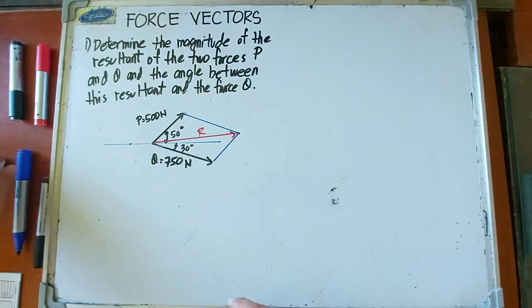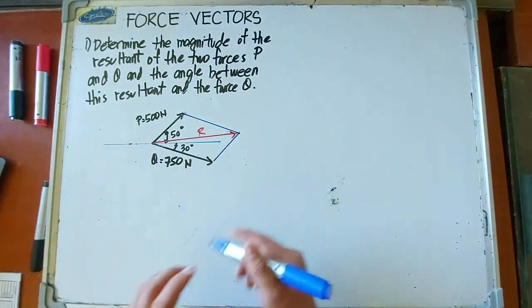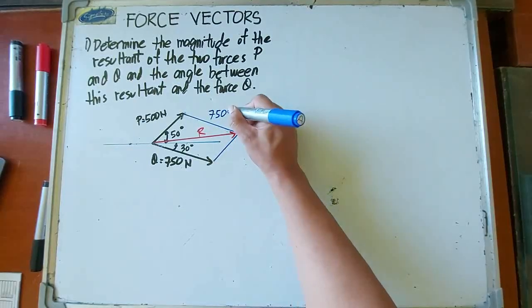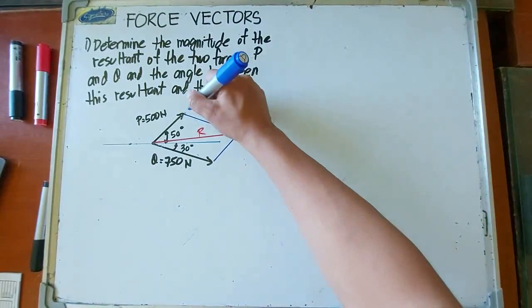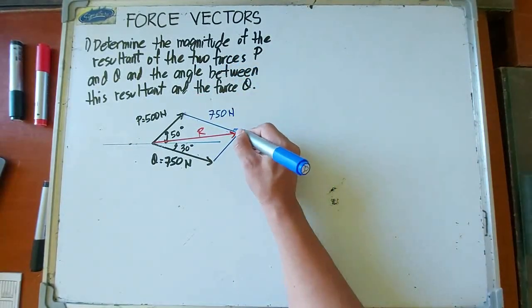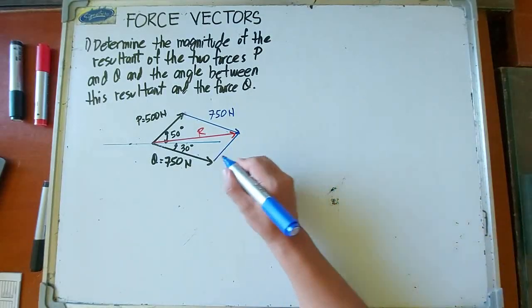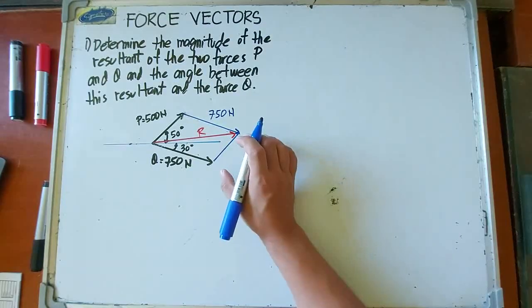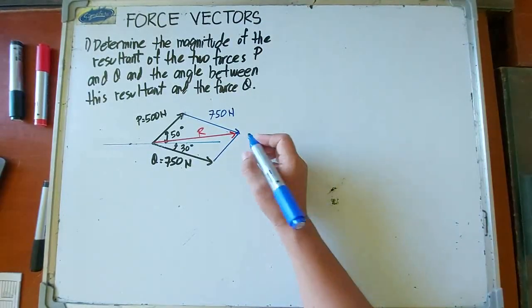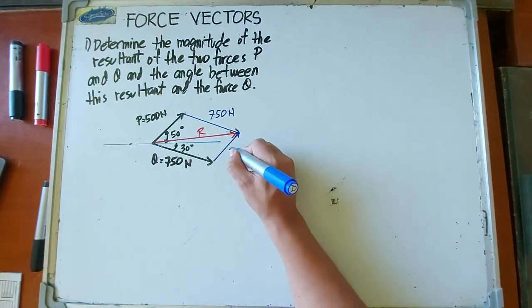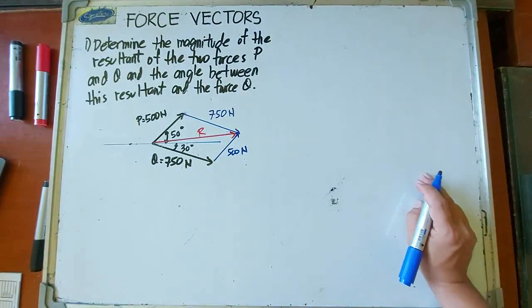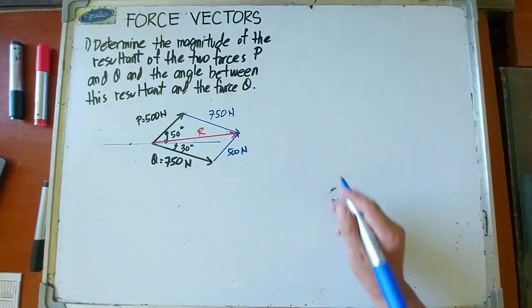Therefore this is also 750, the magnitude is the same and the direction is also the same. So this side is also 750 newtons, and this side is parallel sa force P, so same length, same direction. That means this is also equal to 500 newtons.